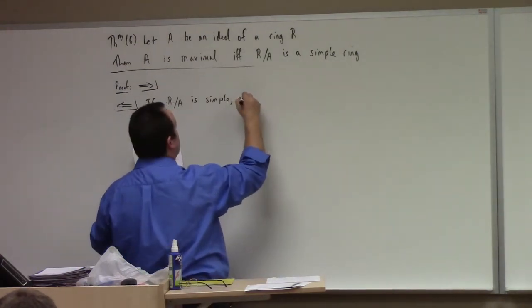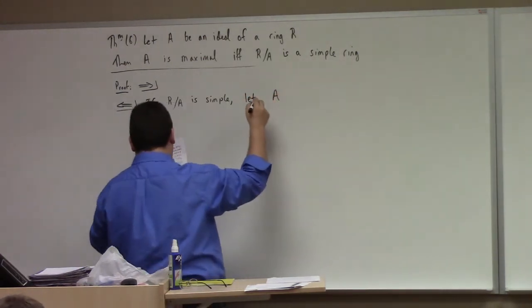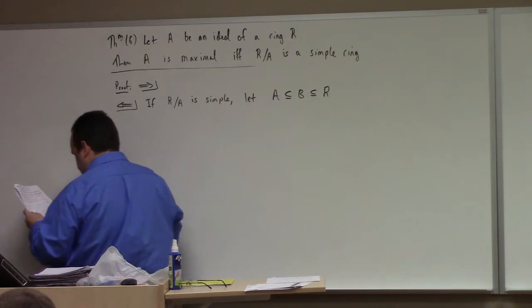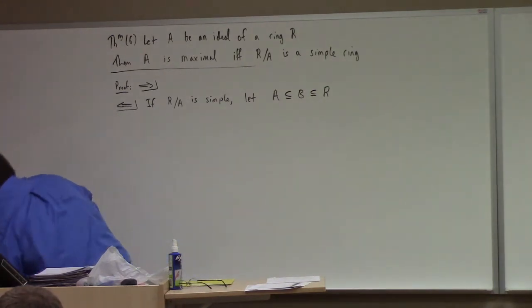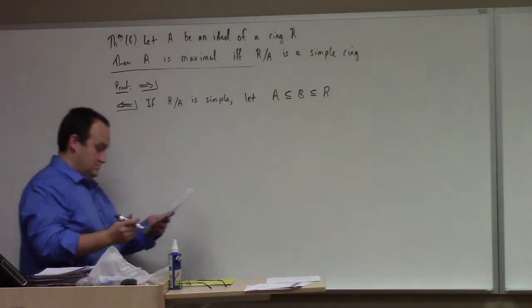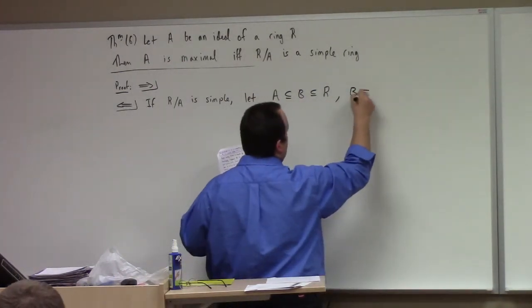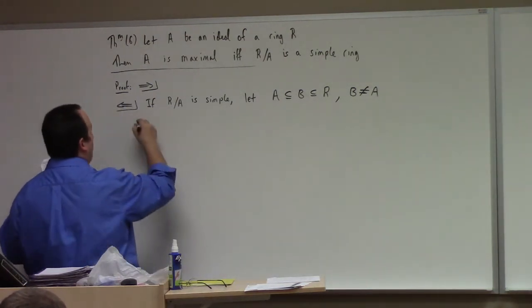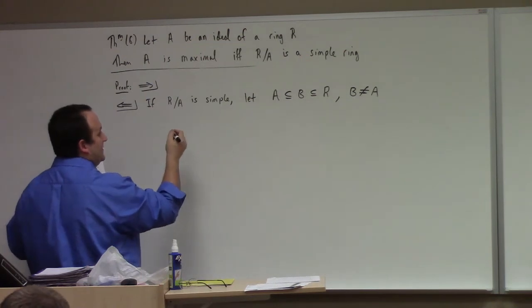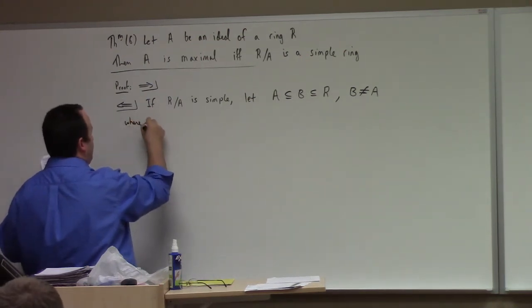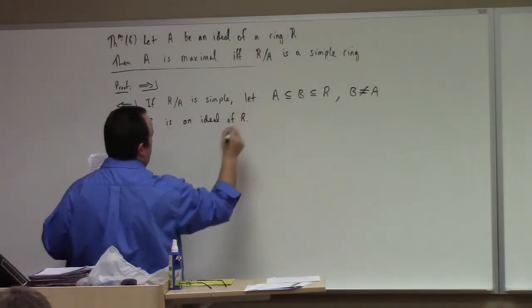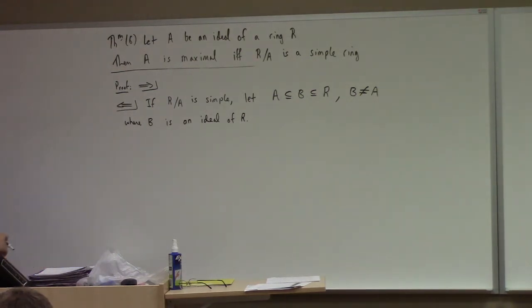Let A be a subset of B, be a subset of R, with B not equal to A. Kind of awkward here, where B is an ideal. All right, so it's an ideal. B is an ideal. We're thinking B is an ideal of R, which somehow fits between A and R.